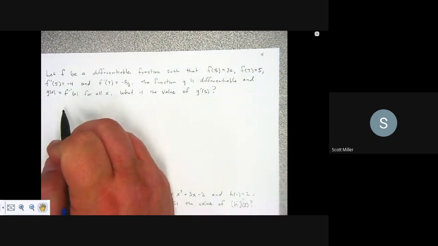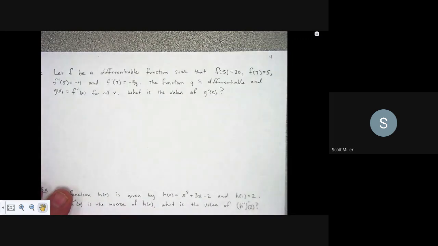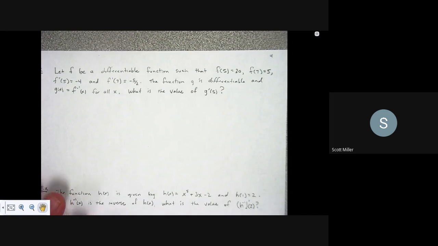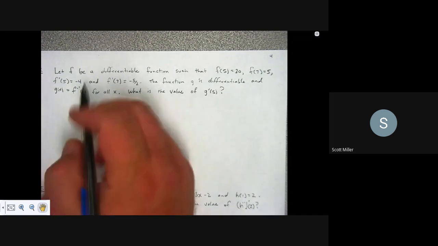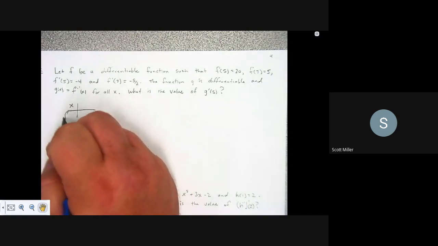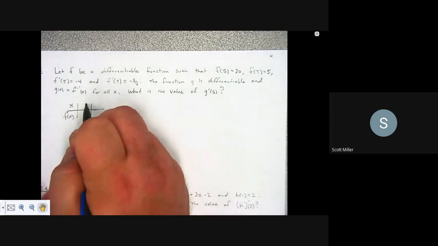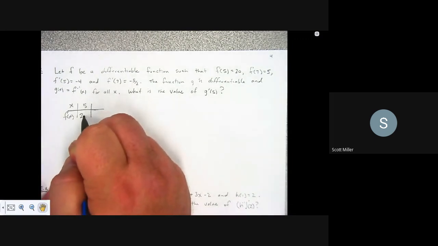So first things first, put your data in a table. You need to make your tables. Okay? I need a table that represents the f function and then the inverse f function. So from what I know, if this is x and this is f of x, from what they gave me, two values. When x is 5, f of x is 20.